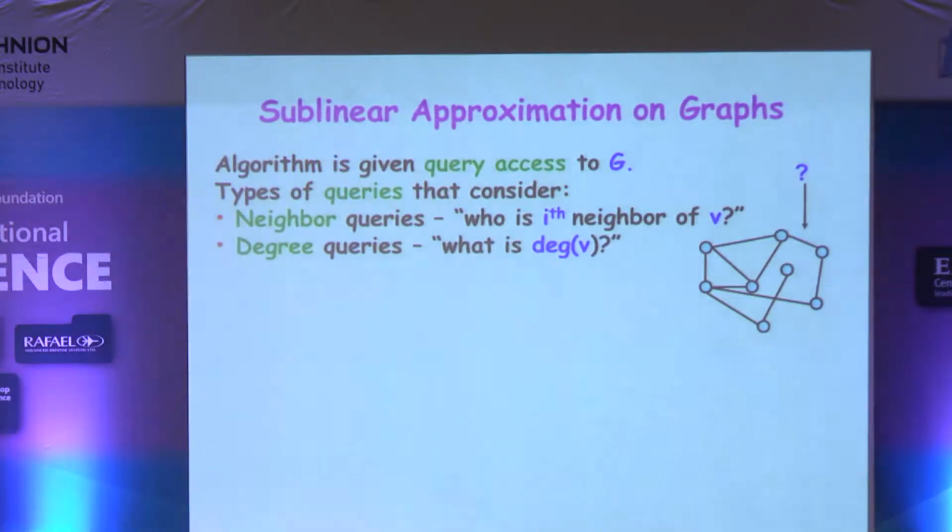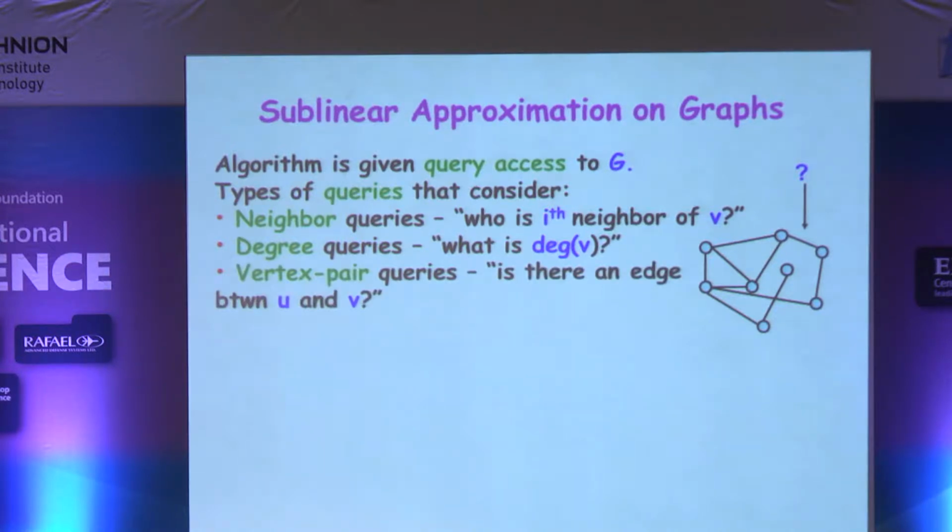I will allow also degree queries: what is the degree of a vertex v? And a third type of query is vertex pair queries: is there an edge between u and v? One comment: if the graph is weighted, then in the first and the third type of query, I'll get also the weight of the edge. In this talk, I'll focus on the first two types of queries.